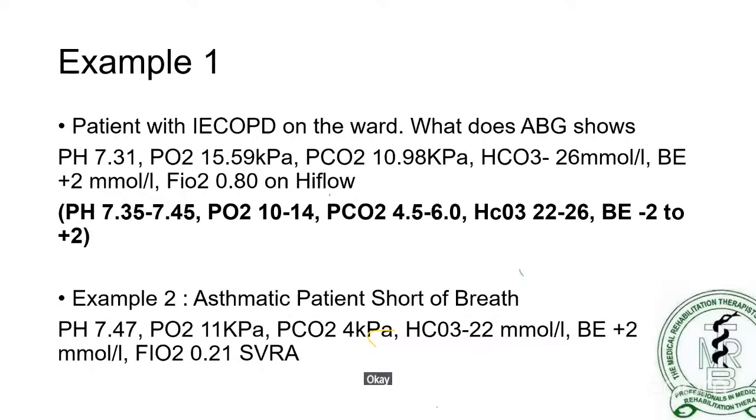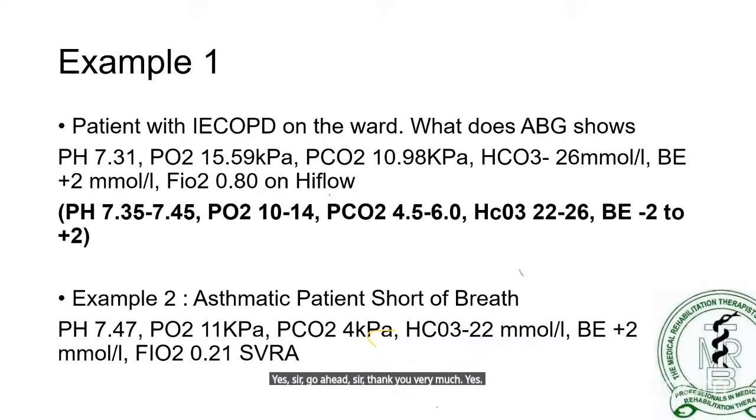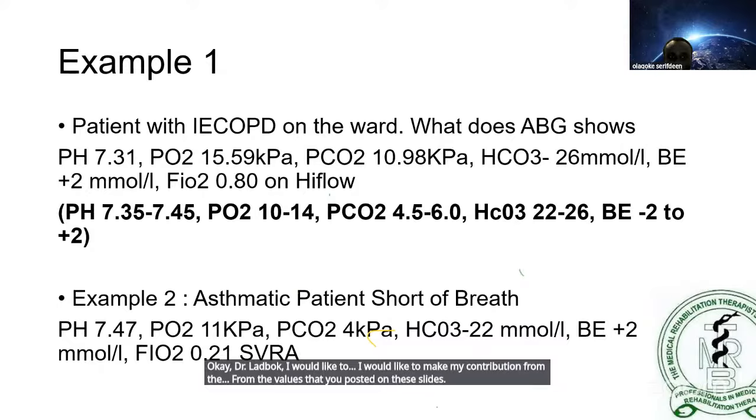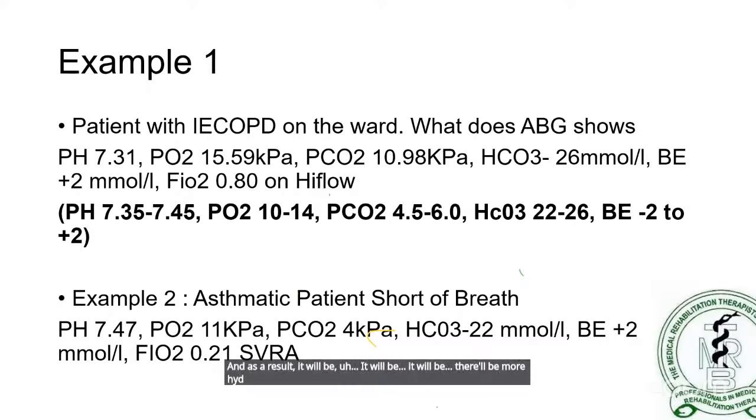Dr. Lagoke, I would like to make my contribution. From the values that you posted on the slides, one can see that the carbon dioxide value is on the high side, and as a result there will be more hydrogen ion in the blood of the patient.